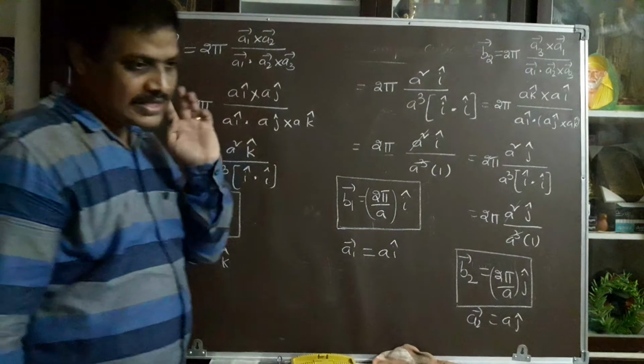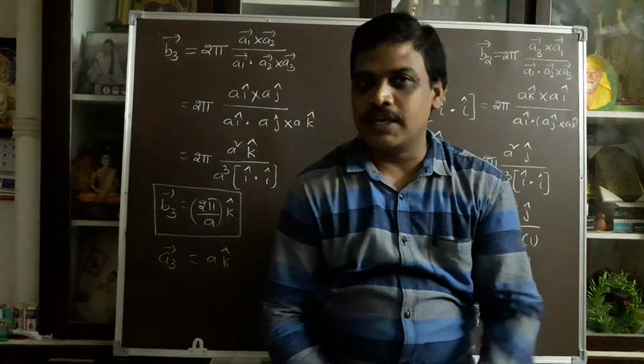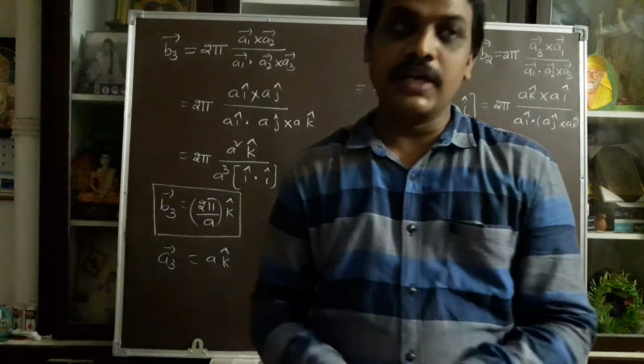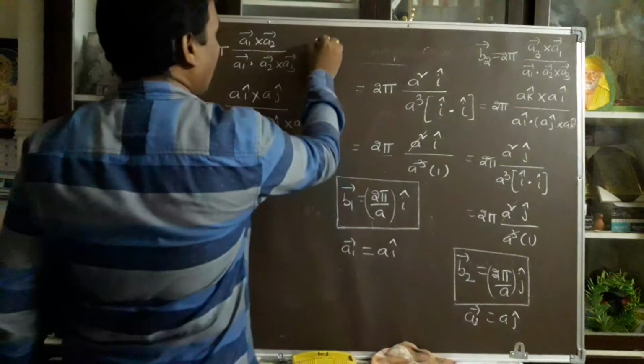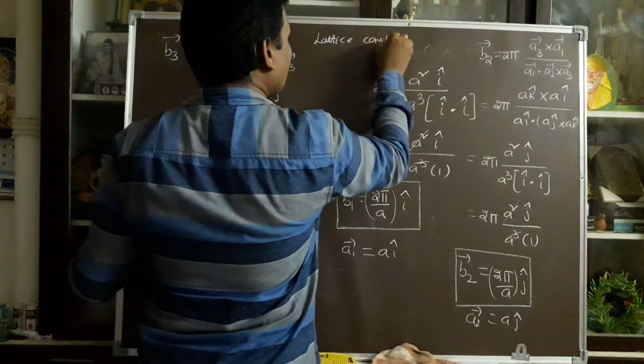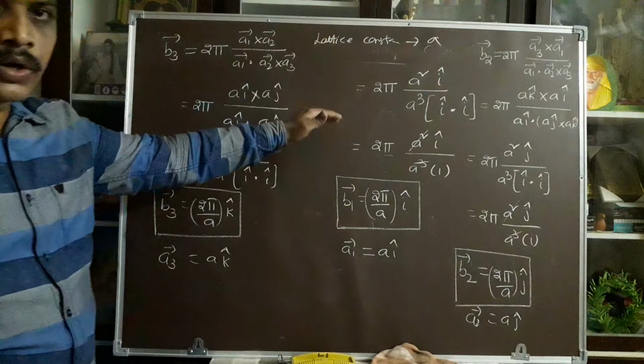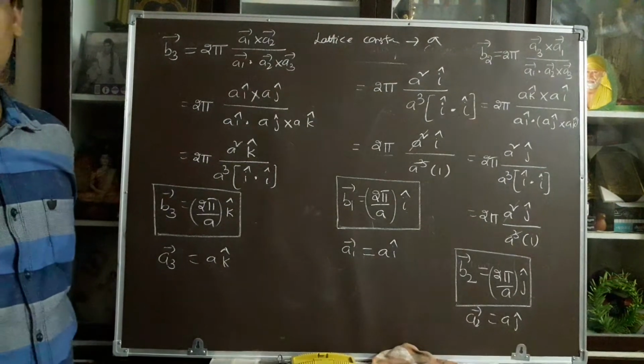So according to the reciprocal lattice calculation, first of all you assume the simple cubic structure has lattice constant A. Based on this, you can deduce the reciprocal lattice of the simple cubic structure.